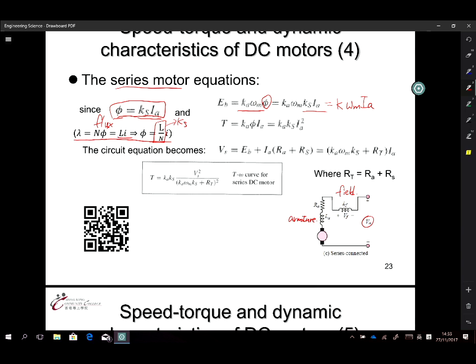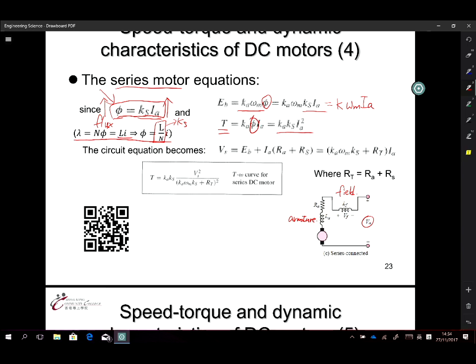Similarly, for the torque equation, you can substitute phi equal to Ks times Ia. The first equation, phi equals Ks Ia, means that when you increase the current, the magnetic flux will also increase for a series motor. And for the torque, substituting phi equal to Ks Ia, at the end you have the formula T equals Ka Ks Ia squared.